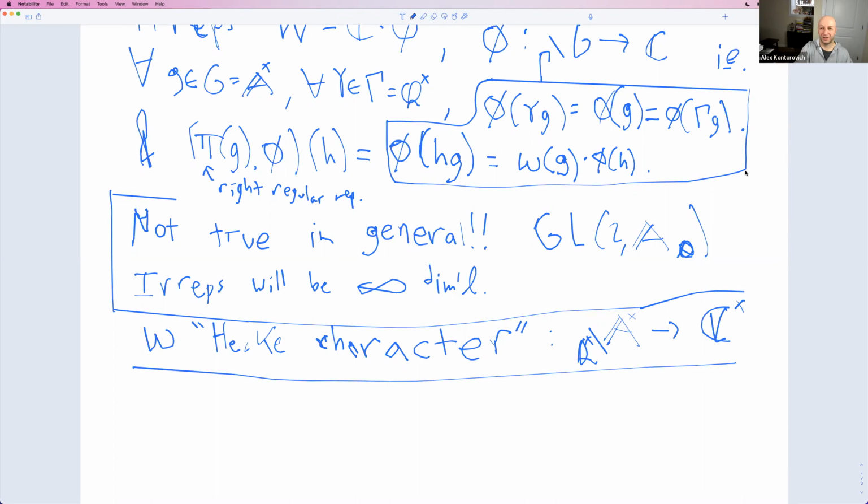Okay, so these two facts side by side tell us what? Well, let me plug in h is gamma. So phi of gamma g on one hand can be interpreted as pi g.